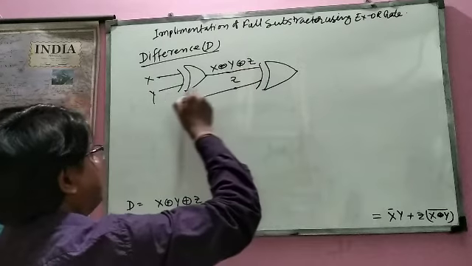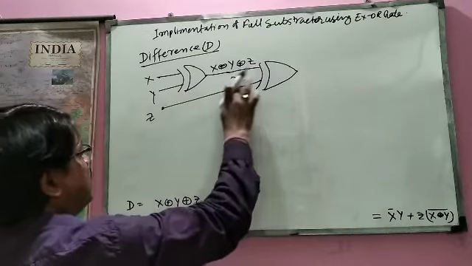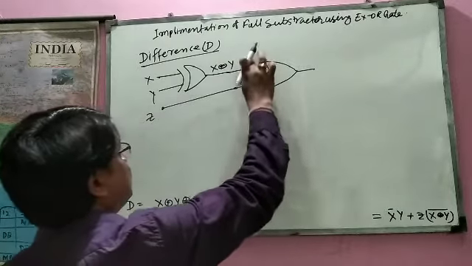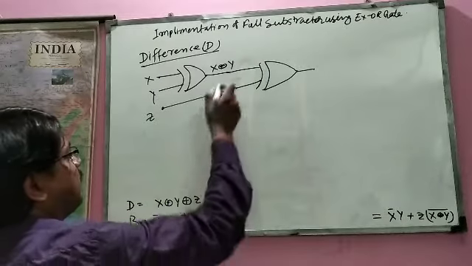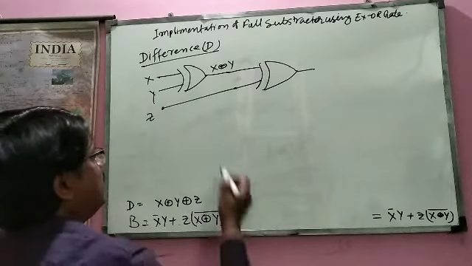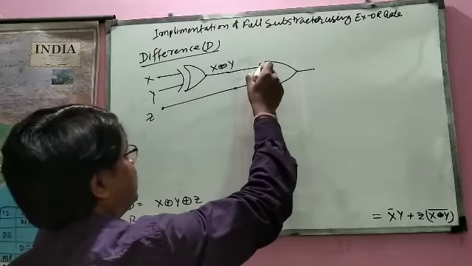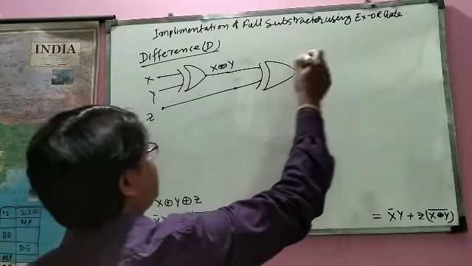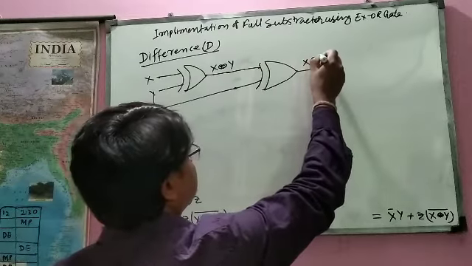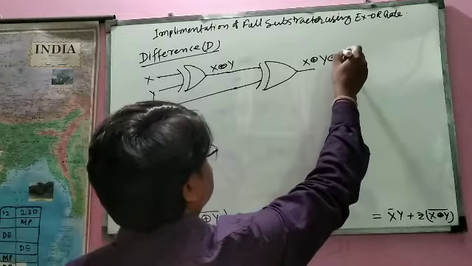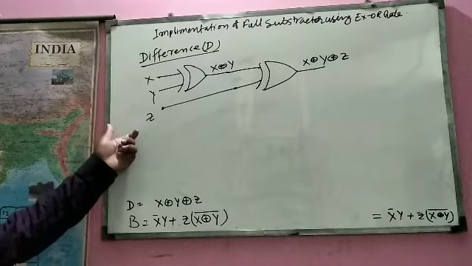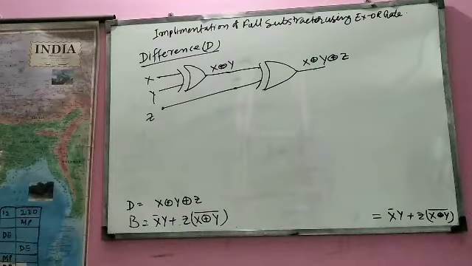So z you can take out here also. Its output will be x XOR y, since its input is x XOR y, and if we give the z here, the first input XOR the second input. So difference may be implemented like this.